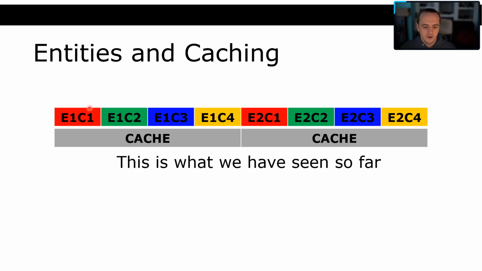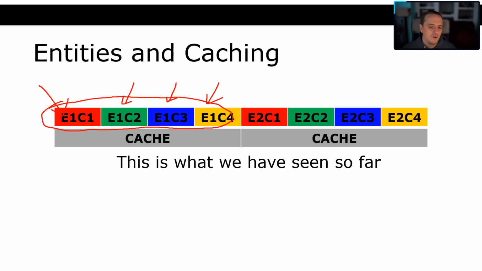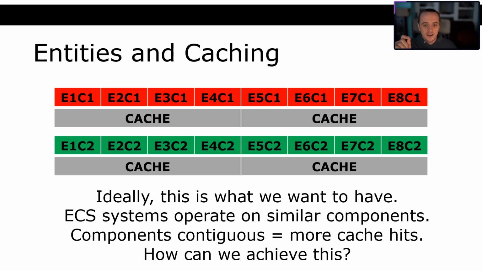This is what I just talked about, where this is storing the entire entity contiguously. And so what happens is, if we look up the transform component of this entity, well, the cache then gets filled with all this garbage about like the animation and the lifespan and the hit points that we don't care about right now. Wouldn't it be great if we could get all the transforms instead of all this garbage data that's filling up the cache line? And so ideally, this is what we want to have, okay?